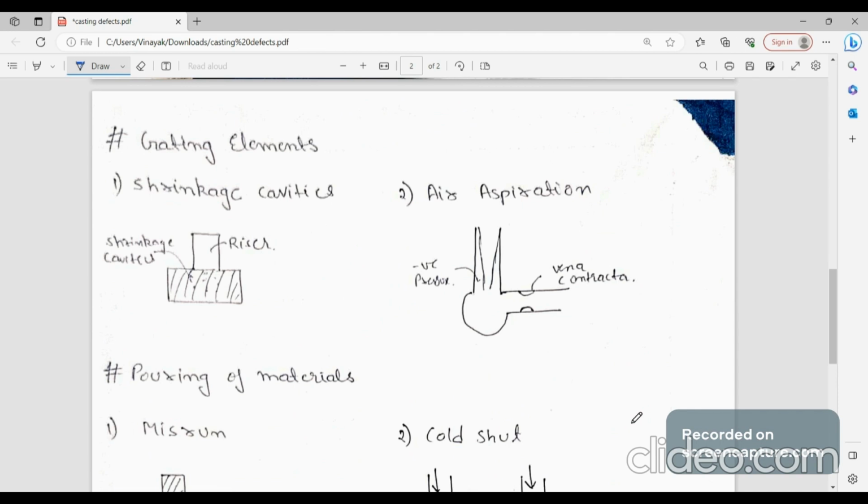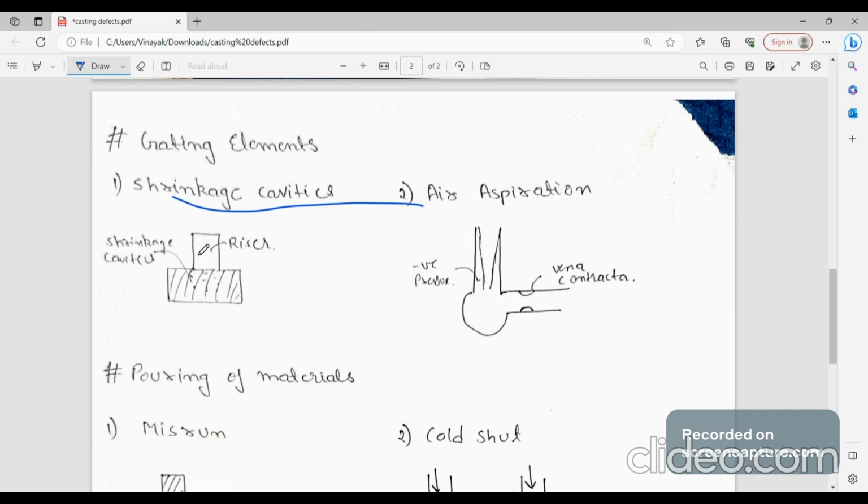First one is shrinkage cavity. What is this shrinkage? Due to improper riser design, as we can see, the riser is not designed properly, so inside, the shrinkage is not compensated. The shrinkage cavity is formed because of shrinkage of material, and it will be an empty cavity.